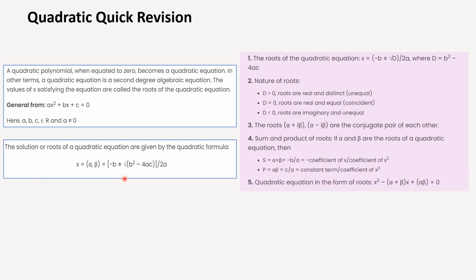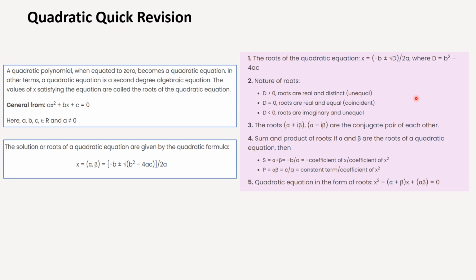To check the nature of roots, we use the discriminant D = b² - 4ac. If it is positive, greater than 0, the roots are real and distinct.